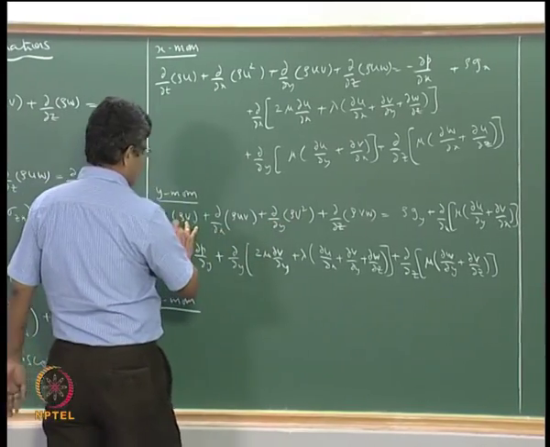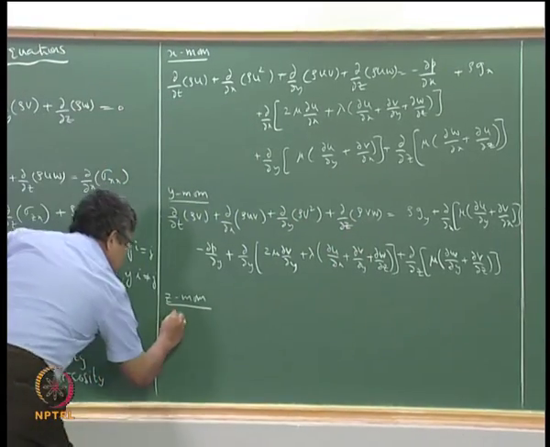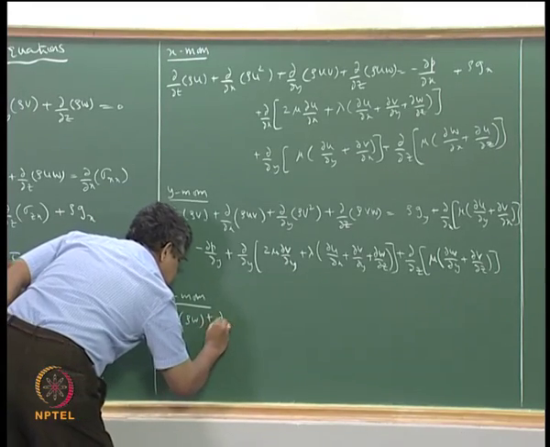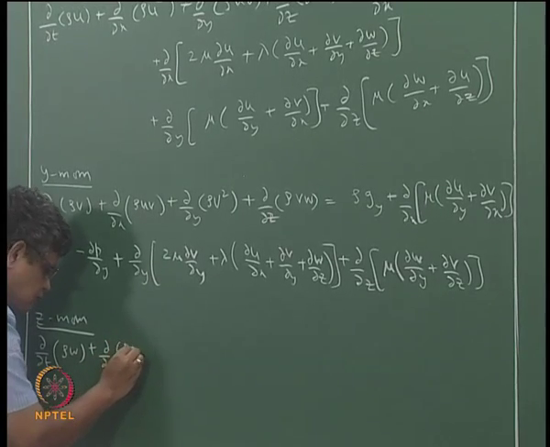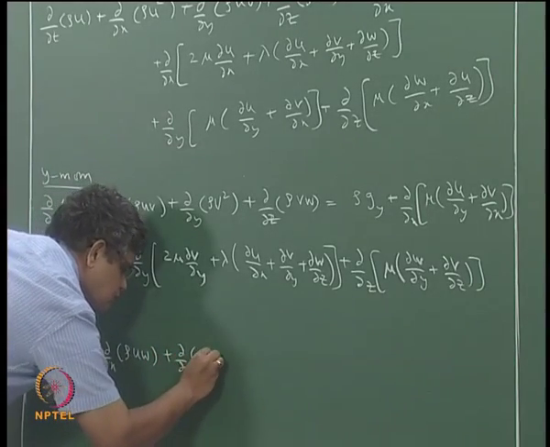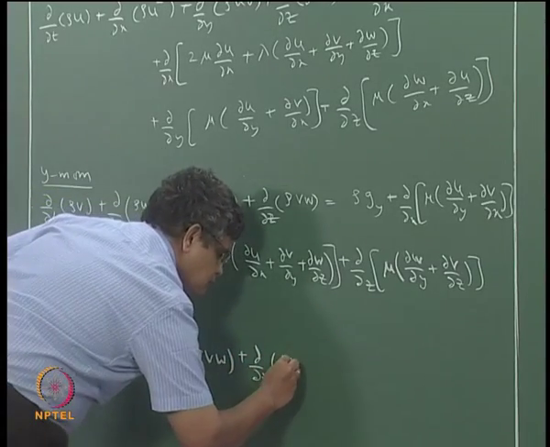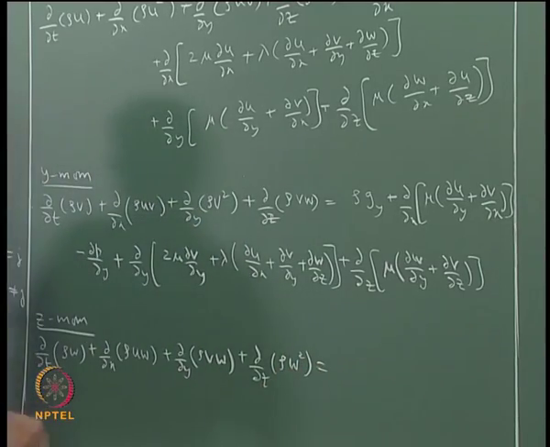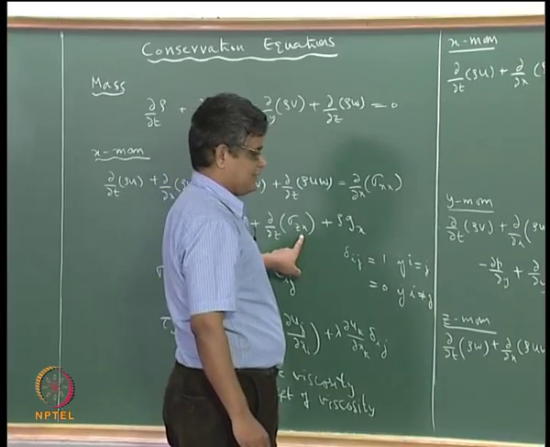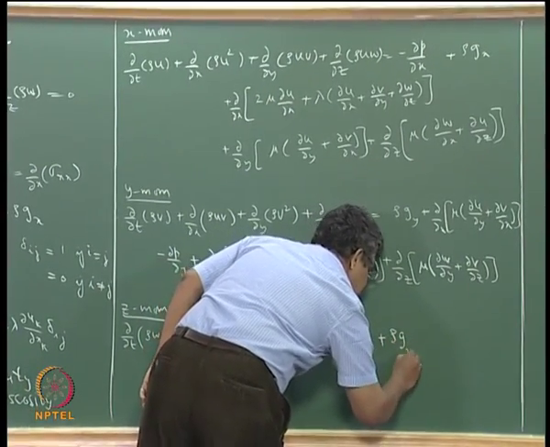On the left hand side, this v here which is appearing in these 4 terms becomes w, and here you will have sigma zx, sigma zy and sigma zz, and we will have the gravitation term as rho gz.